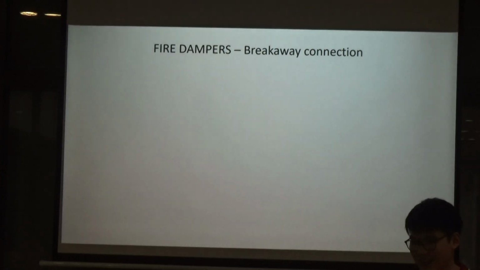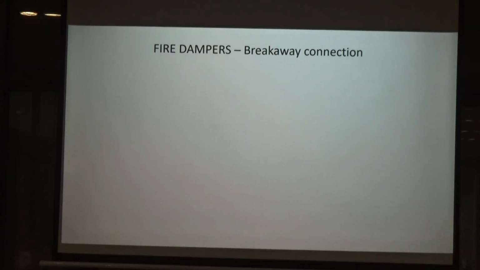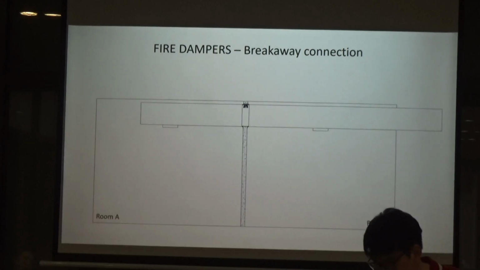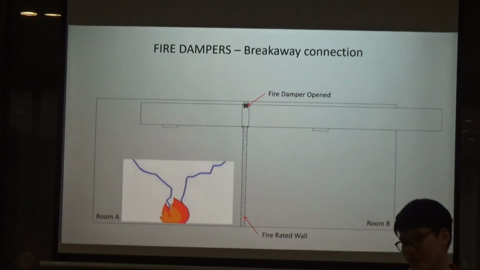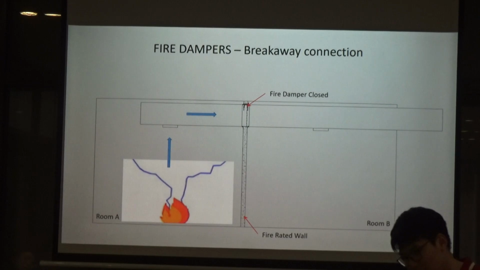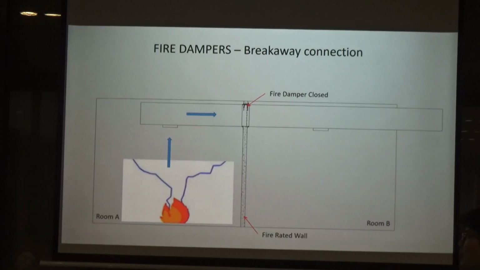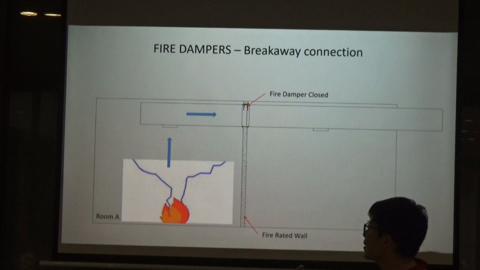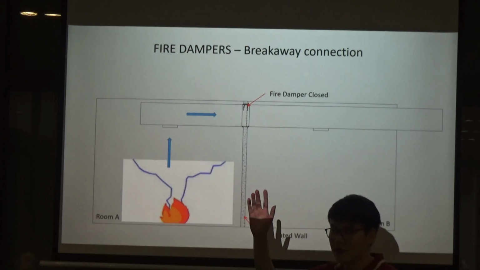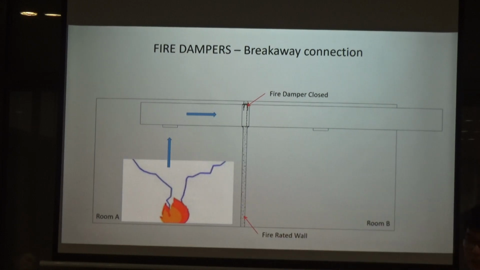Okay, the last point I want to bring up is the breakaway connection. So what is a breakaway connection? Let's say there's a fire in room A, then the smoke goes up. So the ducting on top may be subject to the fire. The ducting may fall off or lose support.